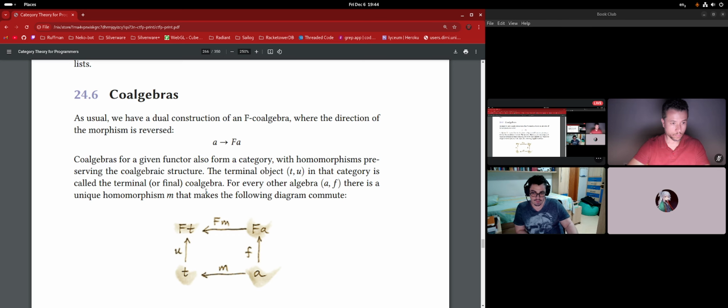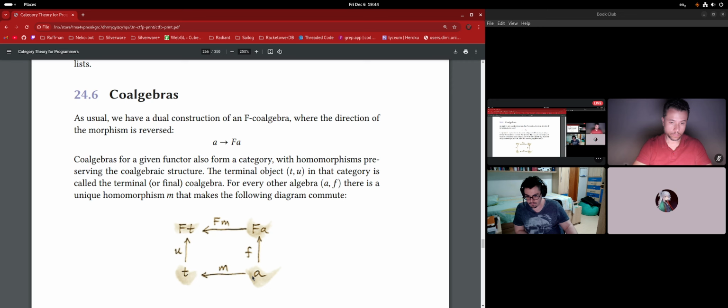We don't have now an initial thingy, it's a terminal thingy. So the terminal object in that category is called the terminal coalgebra. For every other algebra, AF, there is a unique homomorphism M that makes the following diagram commute.